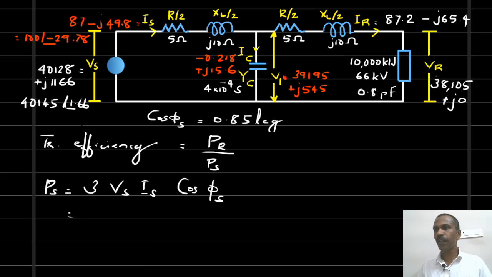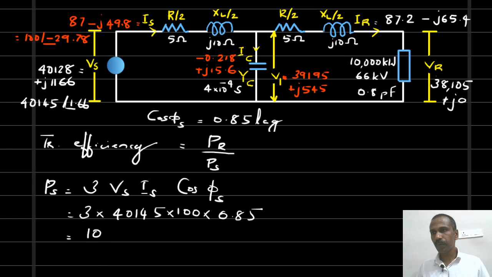3 into, what is our Vs? The sending end voltage. Here you should write the magnitude only. 3 into 40145 into, what is our Is? It is 100 into cos phi s, which is 0.85. So this is equal to 10275 kilowatt.